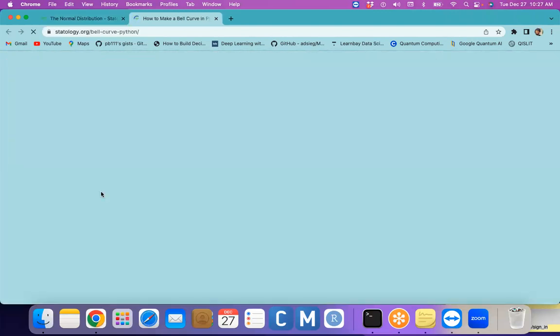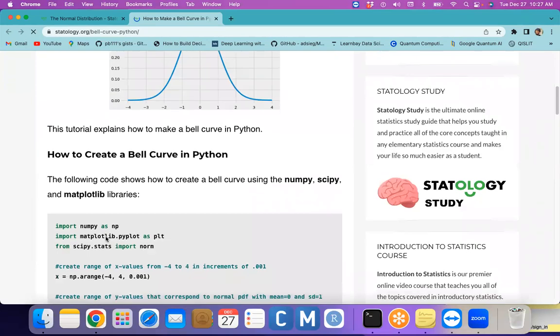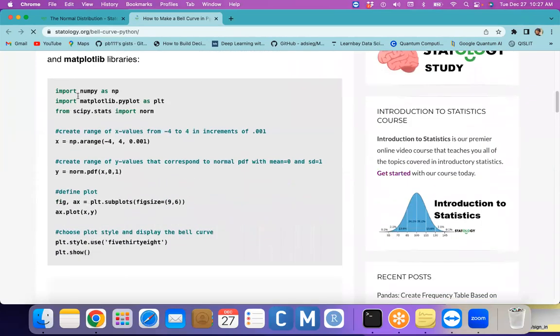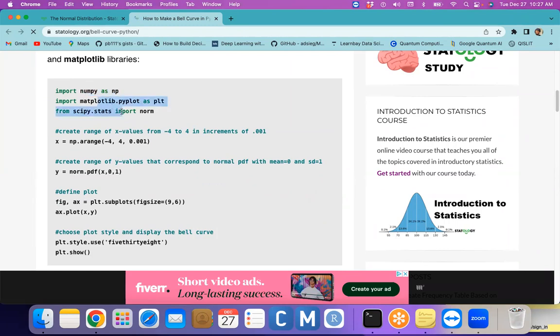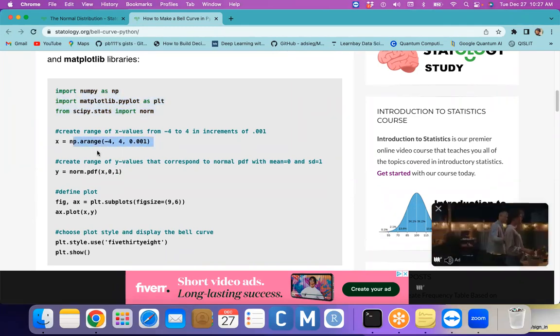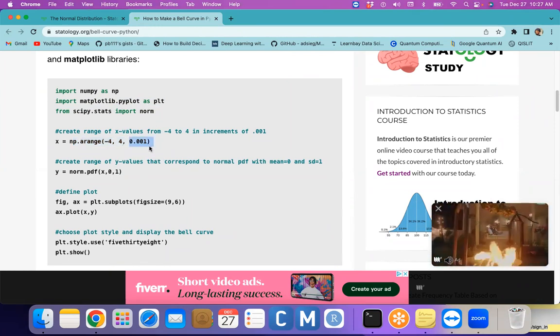So if you want to display the normal distribution with the help of Python code, here NumPy, Matplotlib and SciPy are the libraries we require. For the data, we are taking a range between -4 to +4, with a step of 0.01.